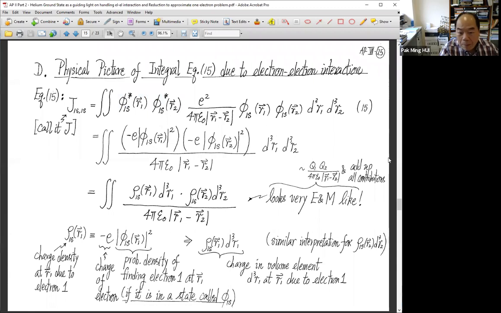Now, our purpose is to analyze what is the physical picture emerging from this integral. So I first copy the integral out. We have 1 electron in 1s, another electron in 1s. So I put a star on the left-hand side, the 2 electron wave function, the same 2 electron wave function, ground state.